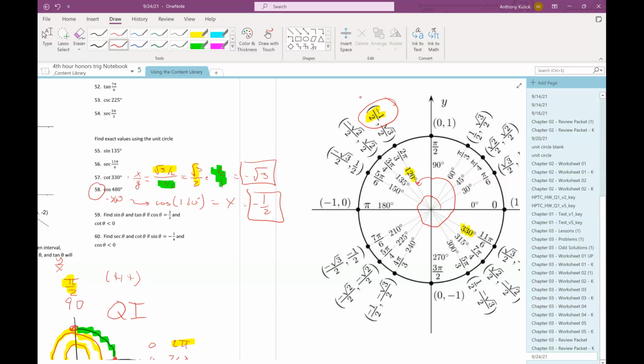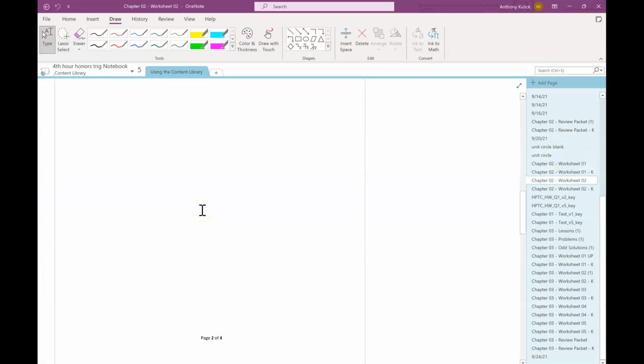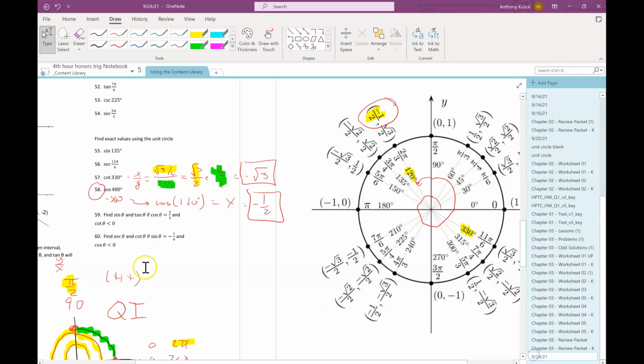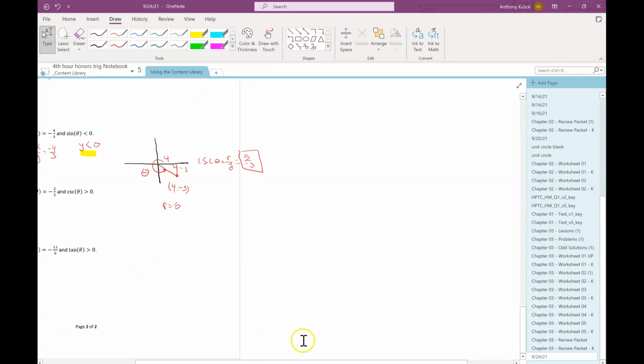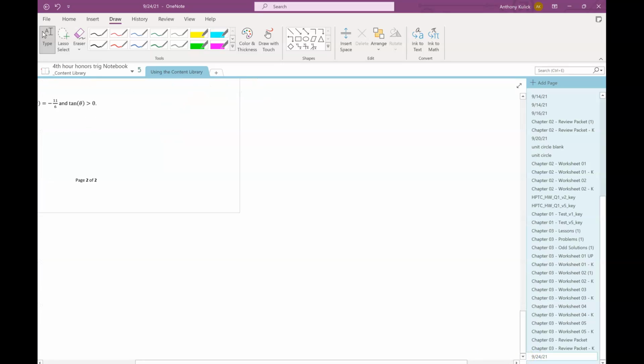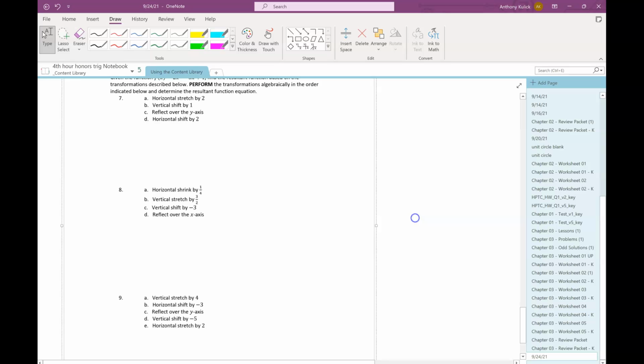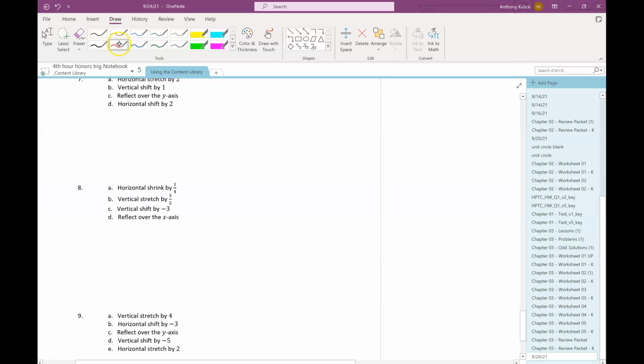It's on worksheet 2, number 8. Okie dokie. Okay. So horizontal shrink by 1/4 tells me C is 1/4.